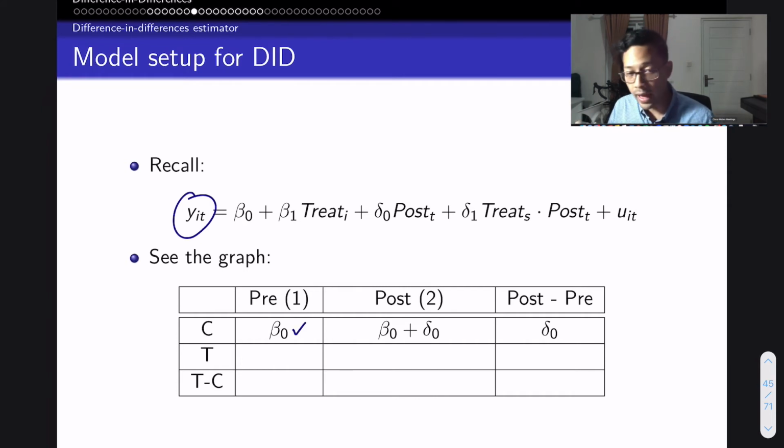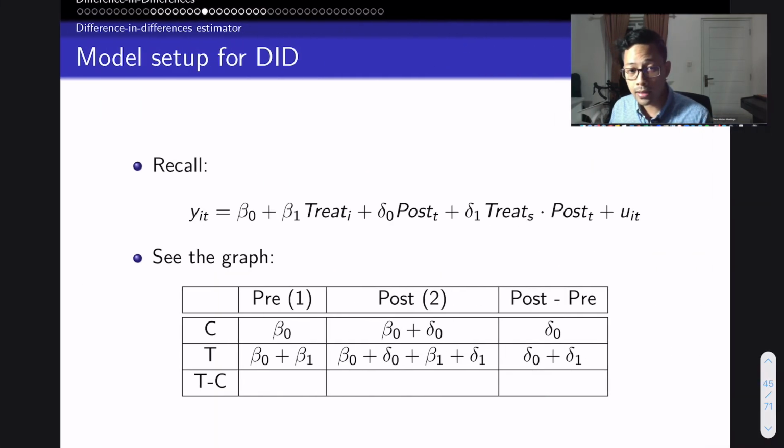And then the average value of outcomes for the comparison group after the program was implemented is going to be beta 0 plus delta 0. Now if you take before and after, the difference is going to be delta 0. Let's keep what delta 0 is for the moment, and we'll see what that means in a couple of slides. So that's the pre and post for the control group.